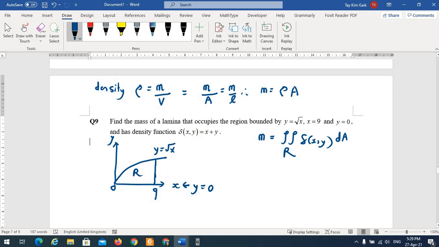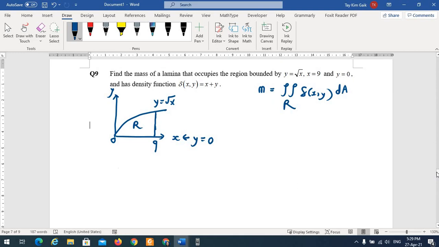Now, let's recall double integrals. Initially, the area of this region R is the double integral of dA over region R. dA, depending on the shape of region R, can be dy dx, dx dy, or use polar coordinates r dr d theta, etc. And volume is given by the double integral of f(x, y) dA over region R. This volume means the volume where the top surface is z, and the bottom surface is on the xy plane.